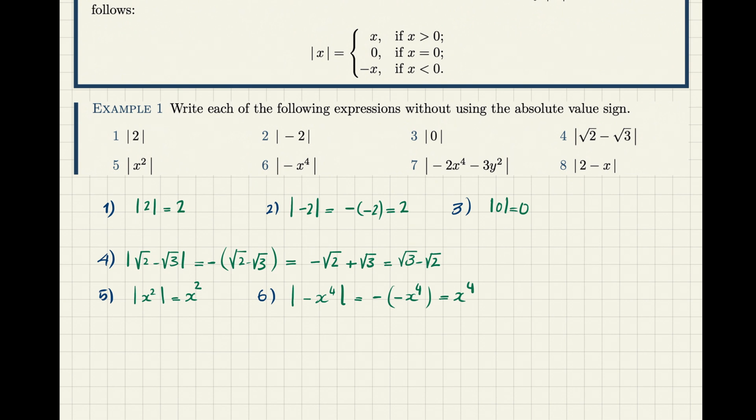Okay, what about number 7? So number 7 is also the same thing. You see here, I have some number inside the absolute value sign, but this expression consists of two variables, x and y, and in principle x and y could be positive, negative, 0, or a combination of them. So we have different possibilities, but it doesn't matter here because whatever x is, to the power of even 4 is even. So this package is non-negative.